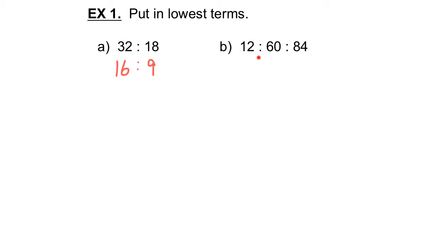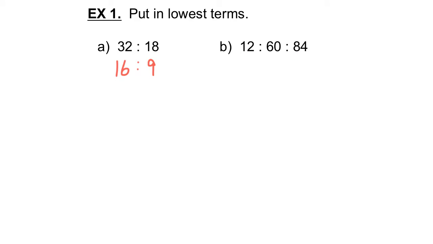Now this example is a ratio with 3 quantities being compared, and we want it in lowest terms still. It's not really that much more difficult than what we did here. It's just that you have to keep track of 3 different numbers instead of just 2. Regardless, these 3 numbers are all even numbers, which means they can all be divided by 2.